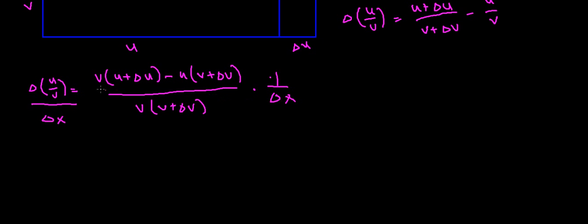So this delta x is just going to divide everything on the top here by delta x, and it's not going to affect the bottom in any way. So I'm just going to rewrite the right-hand portion of it. So I'll be left with v.